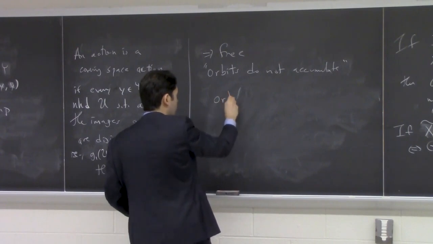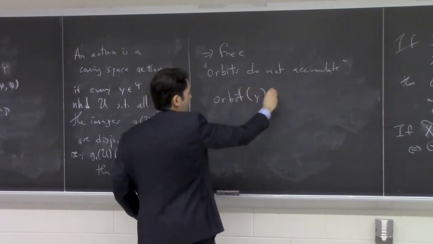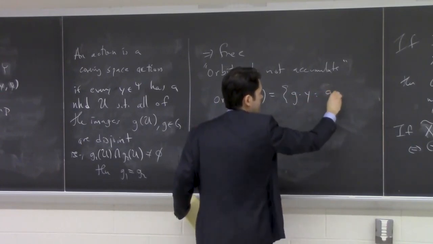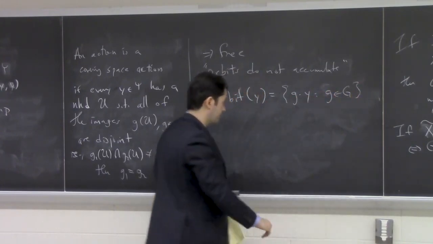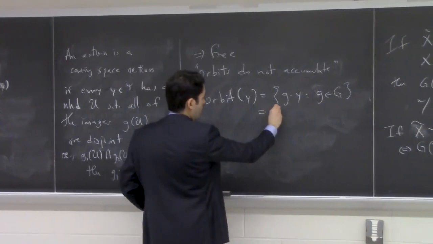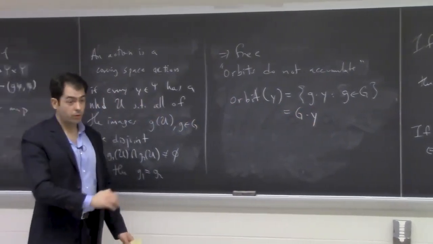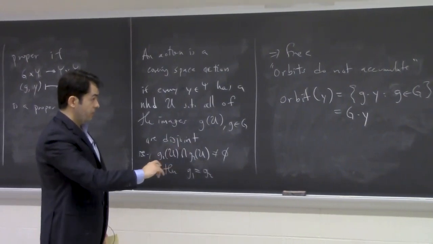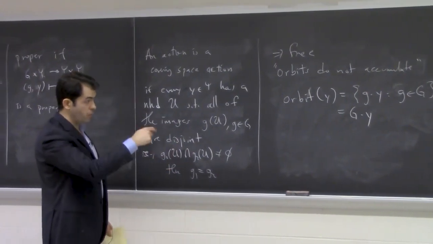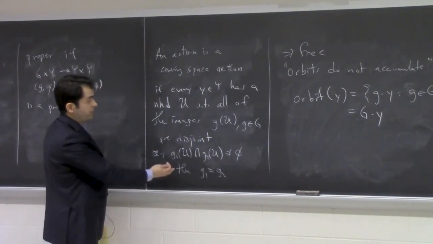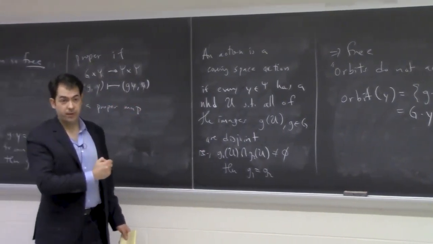All right, of course, the orbit of y is just the images of y under the action, what you would denote like that. Right, so the orbit is just the image of y under the action, and this tells you that the orbits do not accumulate.